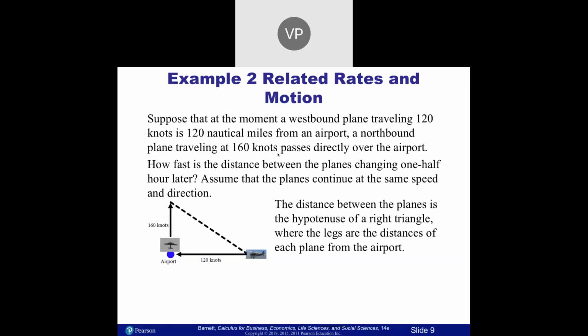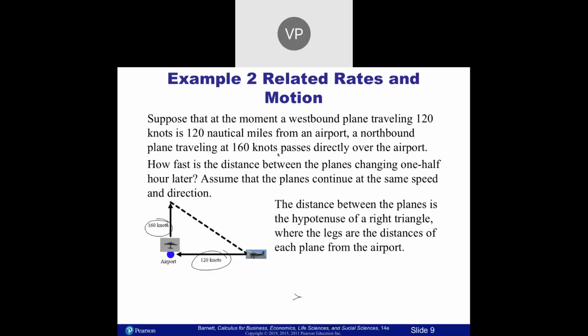Okay, so here's what we have going on here. A westbound plane traveling at 120 knots is 120 nautical miles from the airport. So this is how far they are. Let me draw that. The picture is a bit different here; this picture is showing their speeds.